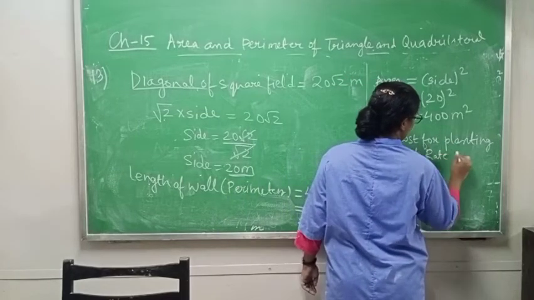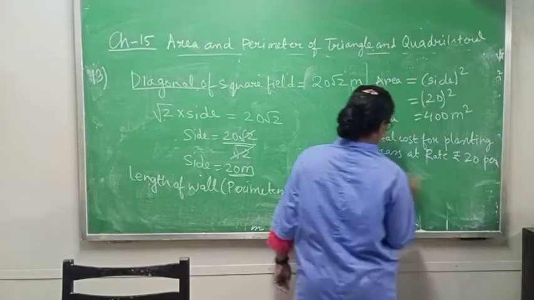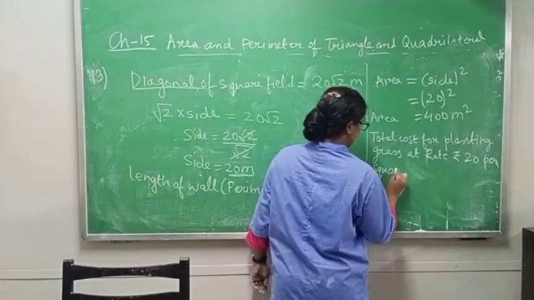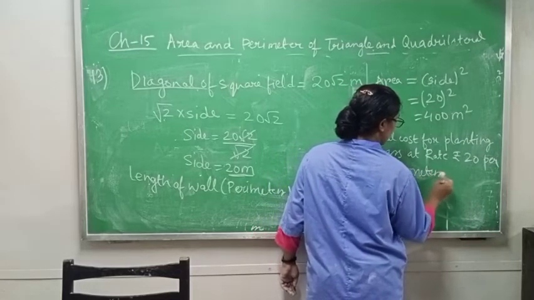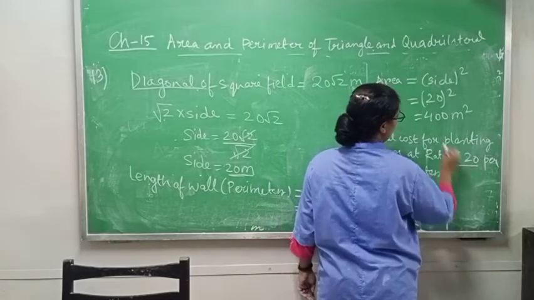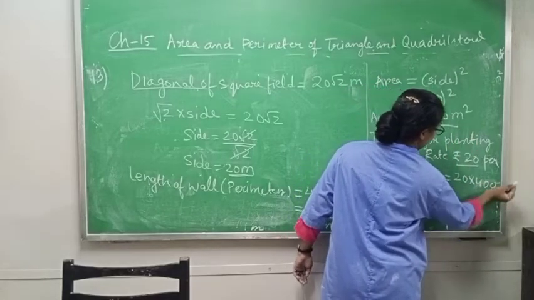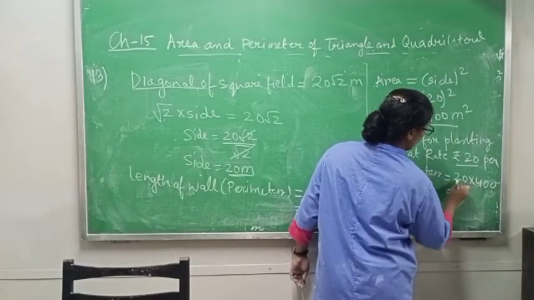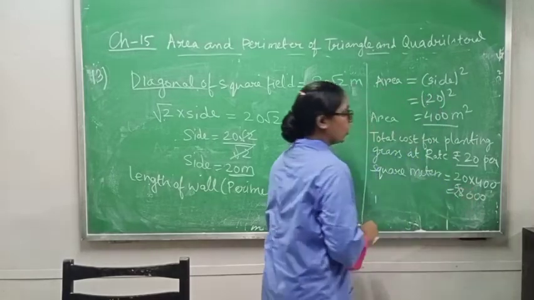At rate rupees 20 per square meter. What you will do? You will multiply this 20 with this area. So how much will get? 2 4 the 8, 3 zeros. So this is total cost.